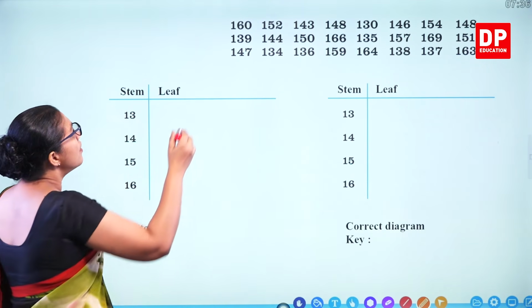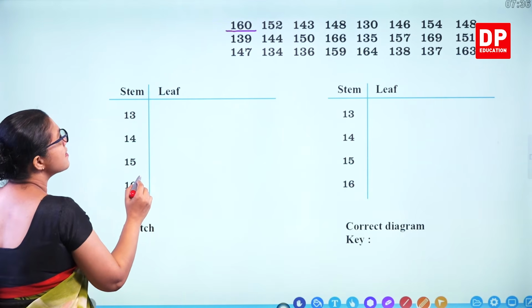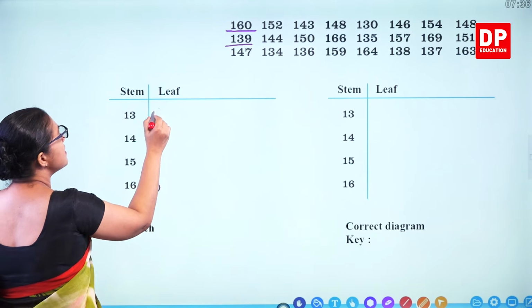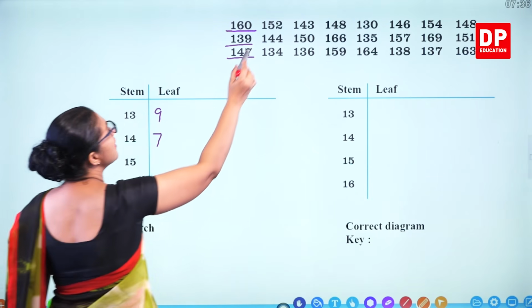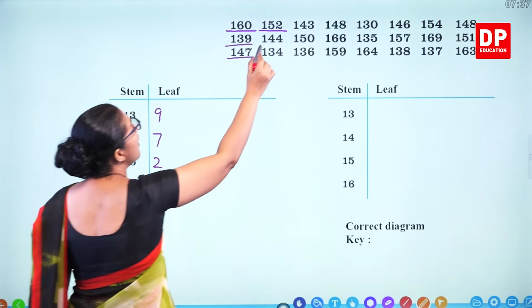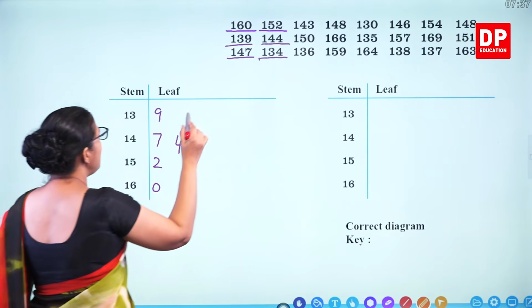Now put the leaf values. 16 with 0. 139 means 13 with 9. 147, 14 with 7. 15 with 2. 14 with 4. 13 with 4.